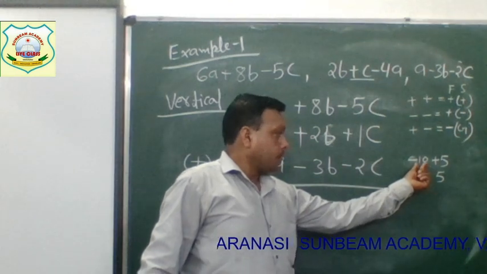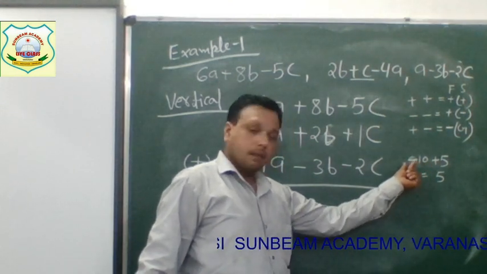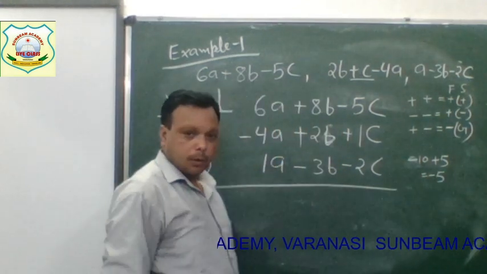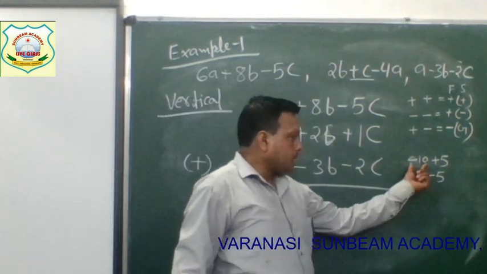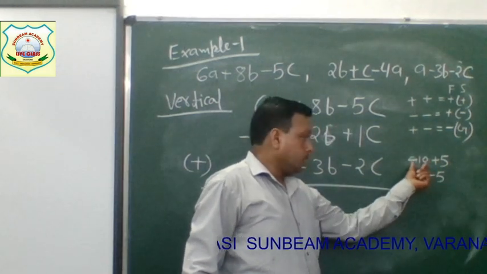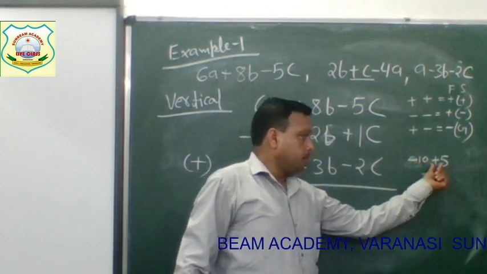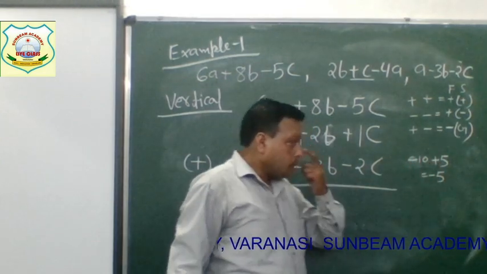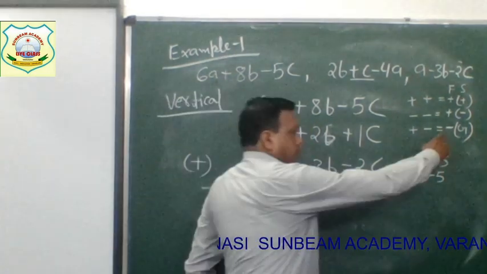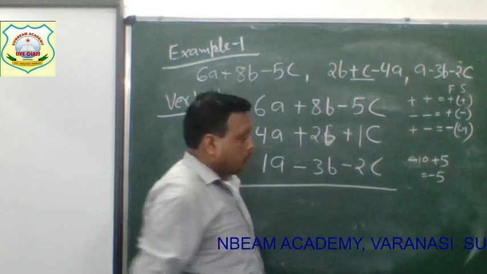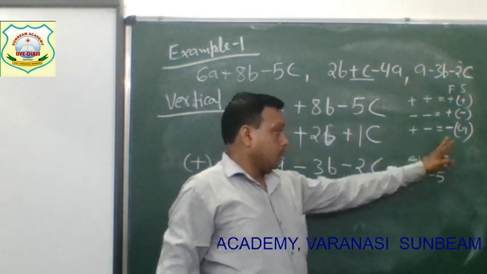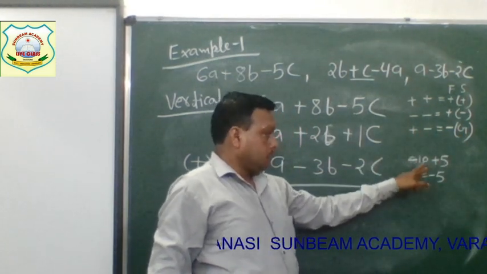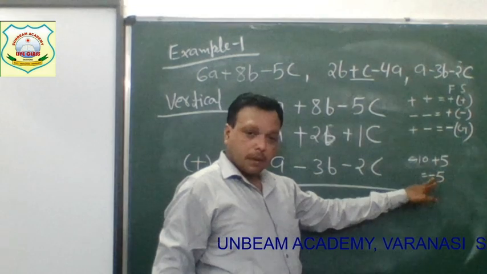Here 10 is greater, and 10 has what sign? Minus. So we put minus here. Students, again, minus 10 and plus 5. Minus plus we know is minus, so we subtract, and we get 5, and we also check the greater value. Which one is greater? Minus 10 is greater, so the minus sign should be there.